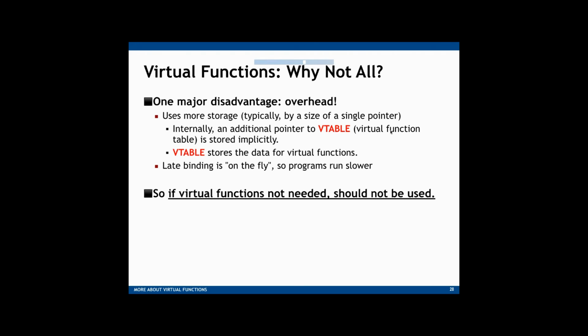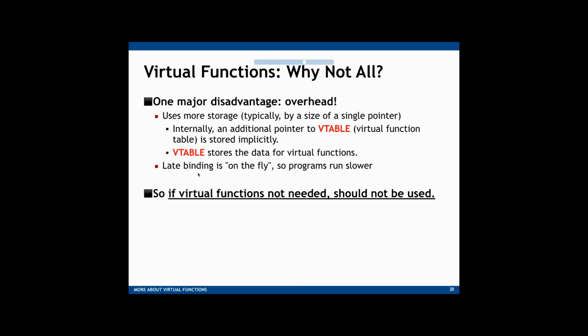For example, it stores where the virtual function is located in memory. The C++ compiler uses these vtables to perform late binding. We learned about late binding in the previous sessions. And because of this, your C++ program will use more memory if you use virtual functions.